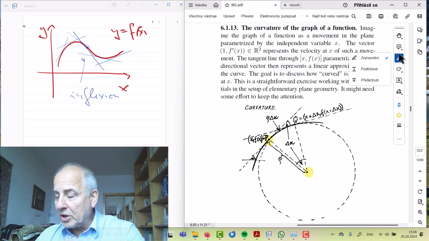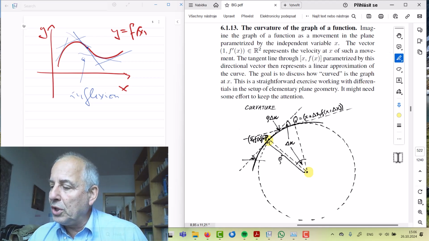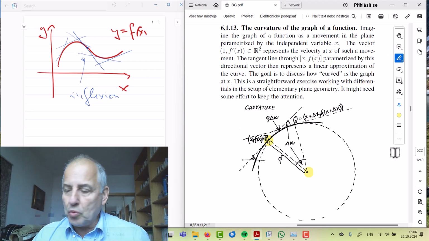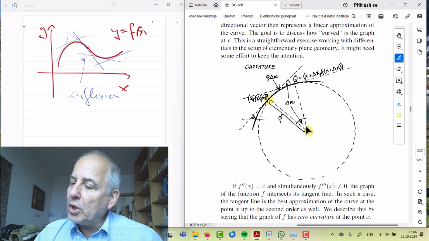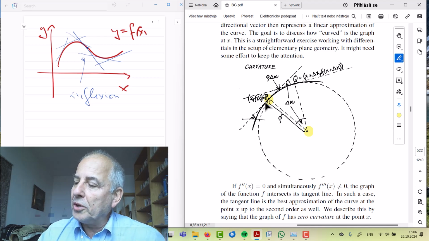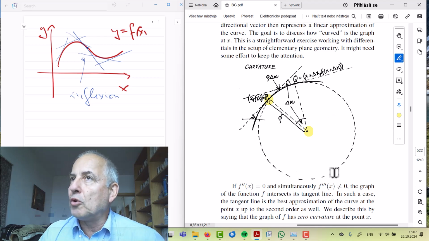So the precision. And this is a very good example, so I will not go into detail here, but let's go through a little bit, because this is a nice task to compute the diameter, the radius of the circle, and this will be called curvature.